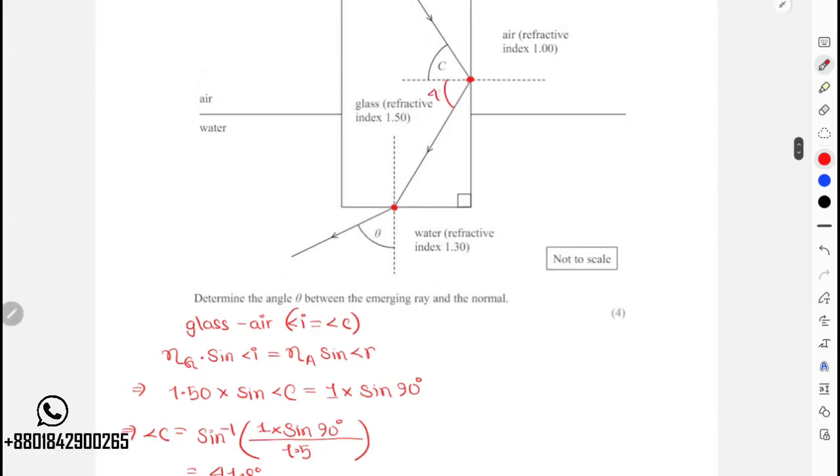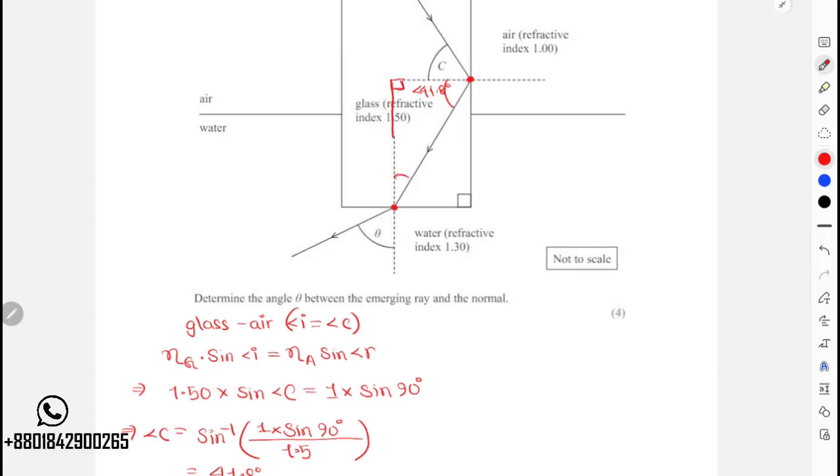Now go back to your diagram again. If this is 41.8 degrees, how can that be so? Because obviously the angle of incidence is also equal to the angle of reflection for total internal reflection to occur, right? So this one would also be 41.8 degrees. If this is 41.8 degrees, I can extend it and consider this is 90 degrees.